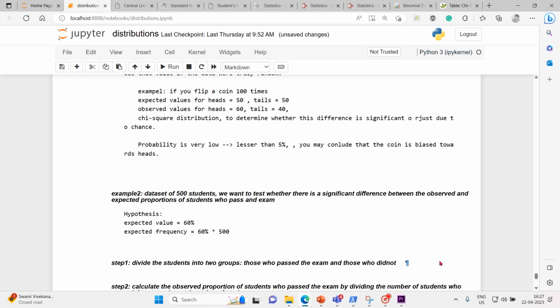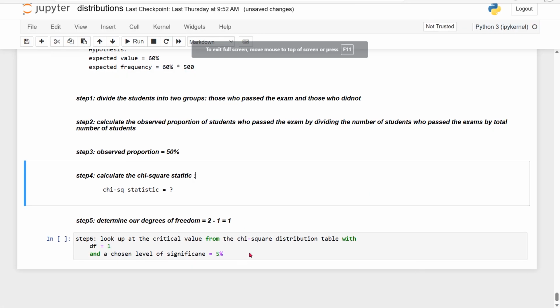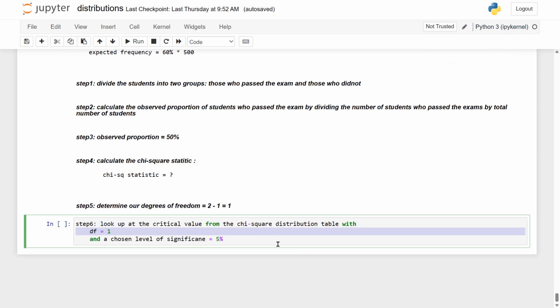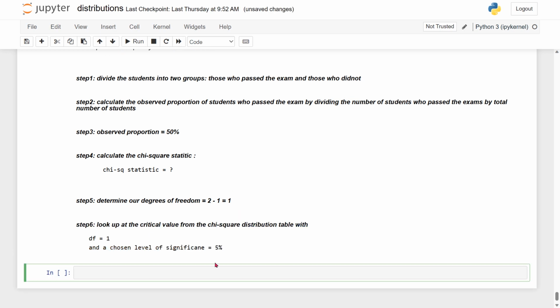So now, okay, it's taking some time still. Notebook saved. I hope it's ready now. Yeah, it's ready now. So now for this, the value that I got. For example, I have checked up this value. The value that I got is 3.84, correct?